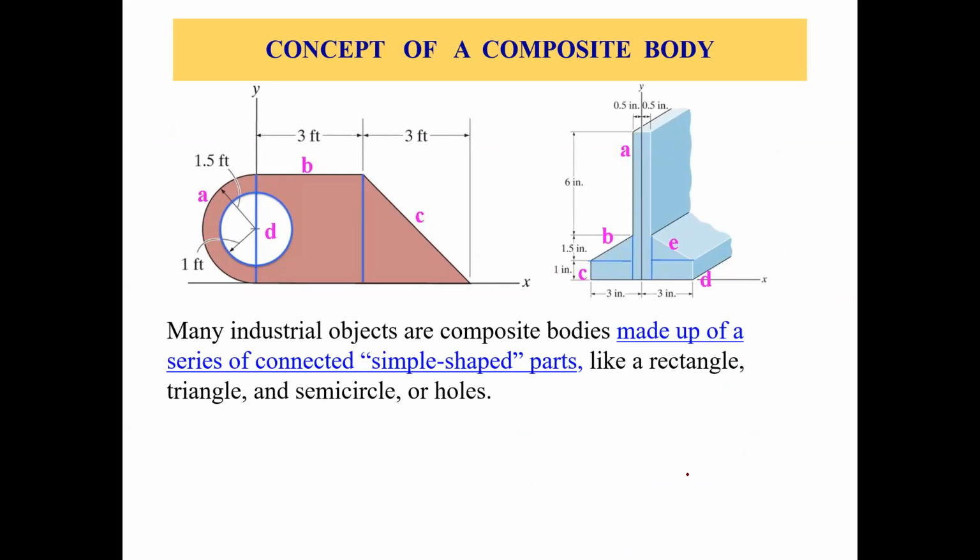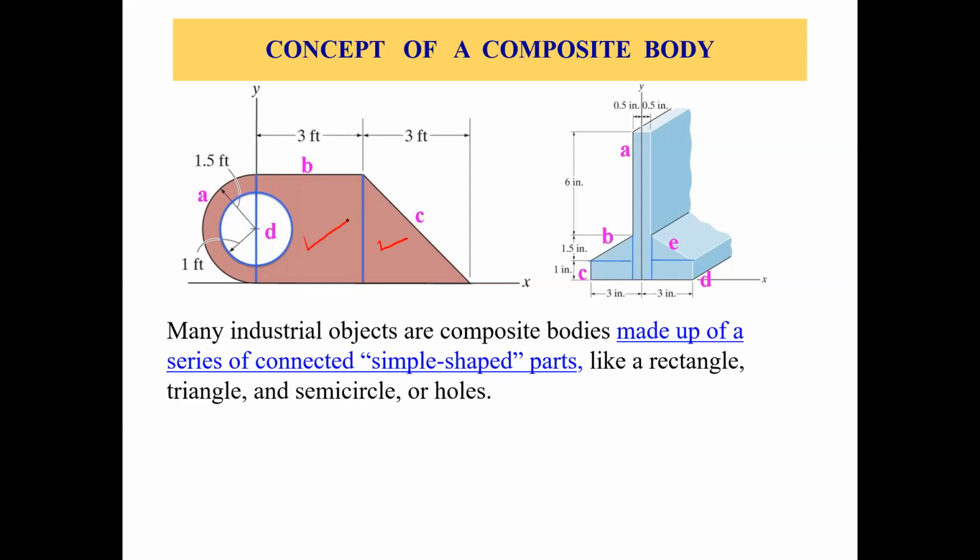So these are two composite bodies, right? At the top of the screen, you can see on the left side we have a composite body, and on the right side we have another composite body. These are made of individual simple shapes. Like this is a triangle. This is a triangle.